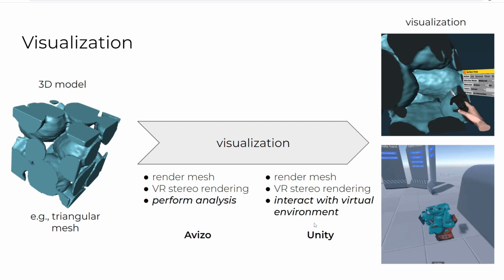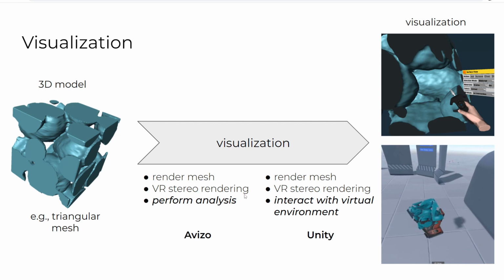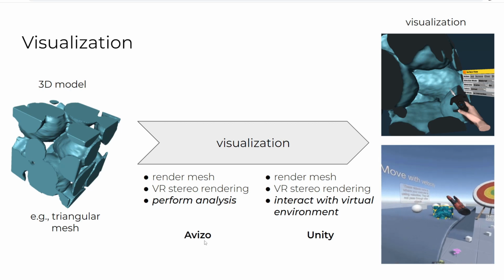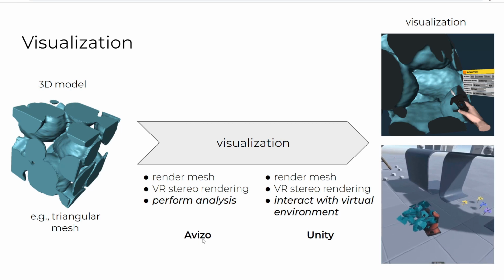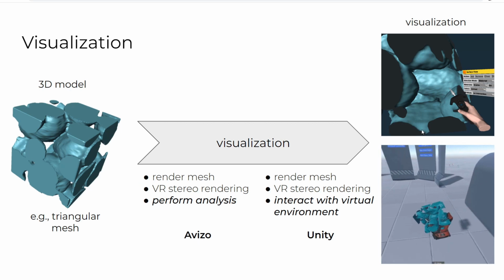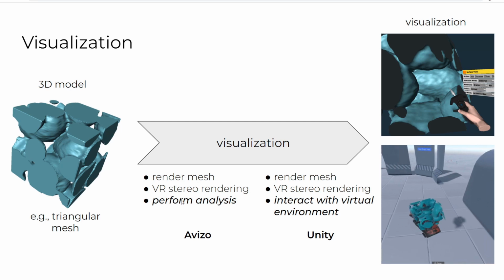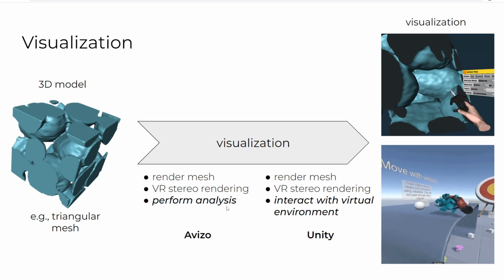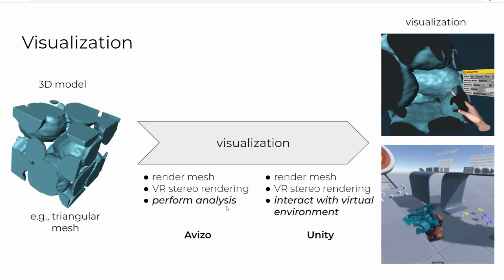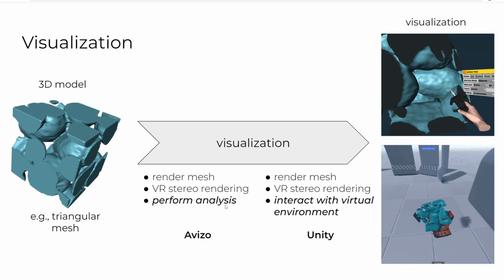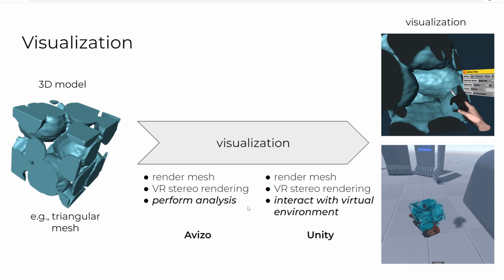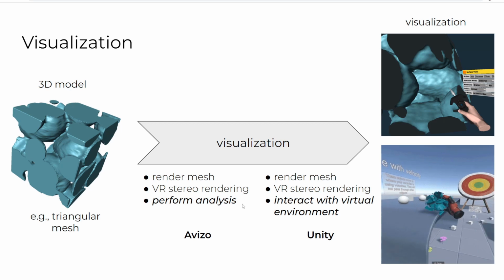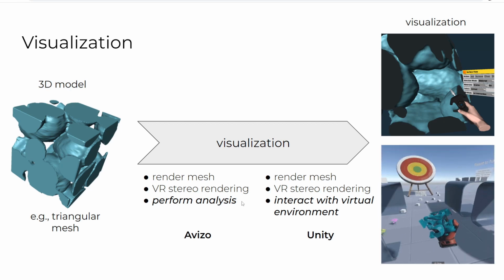Now, before we get into that, I just wanted to quickly mention the main differences between the two approaches. If you use Avizo to bring your 3D model into the virtual world, then you still have the option to perform analysis on your data using the powerful built-in modules of Avizo. So we can say that the Avizo approach is more data-centric and analysis-oriented.